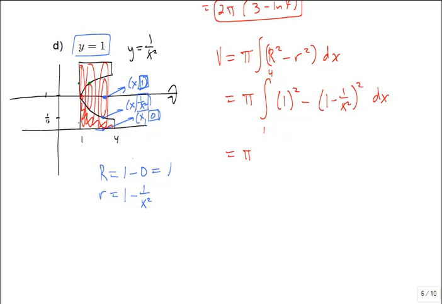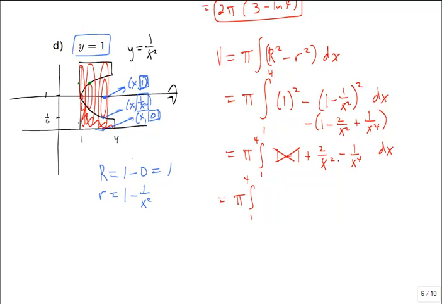So to integrate this, 1 squared is 1. If I FOIL this out, I'm going to get a 1. I'm going to get a minus 2 over x squared and a plus 1 over x to the 4th, but I want the negative of all of that, so I'm going to need to distribute my minus. Whoops. So that's going to make all my signs change, and it's also going to make my 1's cancel.